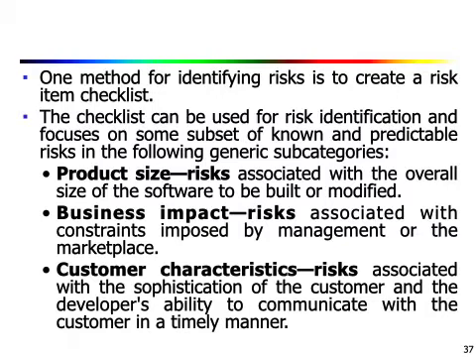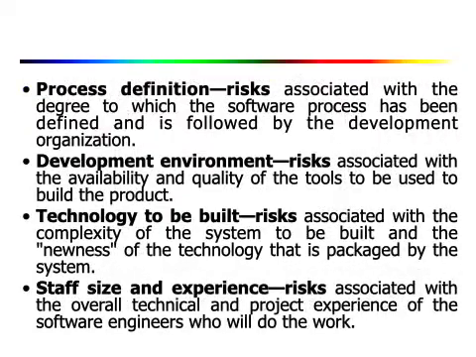And staff size and experience risks are associated with the overall technical and project experience of the software engineers who will do the work. So the risks are categorized into these different subcategories.